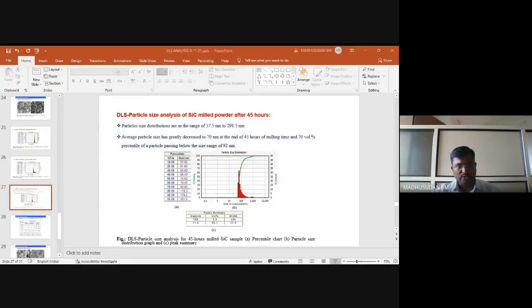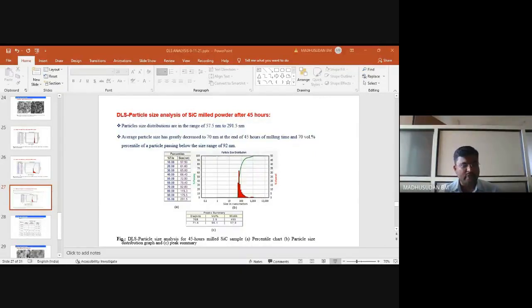Although the majority of the particles are in the 100 nanometer size range, you can see here at the 1000 nanometer range of the particle size distribution that small peaks have been found. That may be due to the ball-milled particles having undergone a series of continuous impact forces of the ball, and they get divided and exhibit higher surface energy and tend to join with nearby particles.